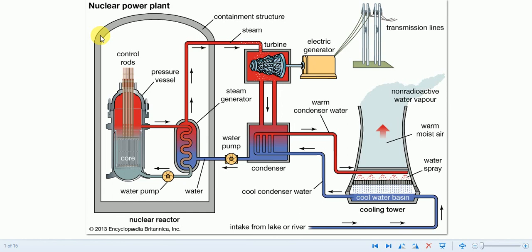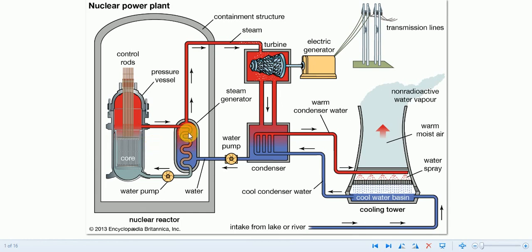Here in the nuclear reactor, these uranium or thorium rods are put, and because of the fission reaction, heat is released, and that heat is used to boil the water.